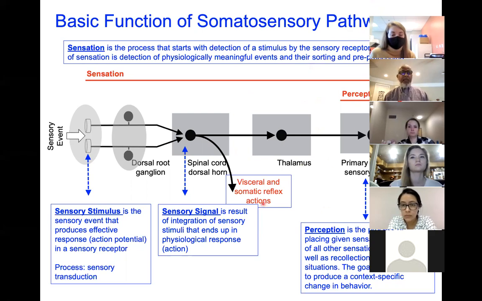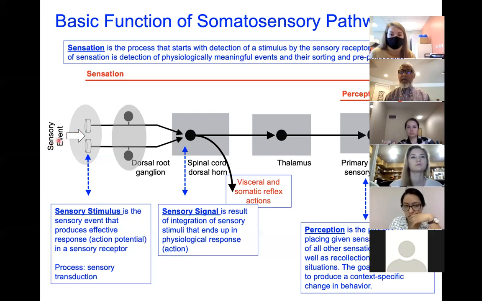So the signal that you applied here is the beginning of the sensation. There are two different concepts that you have to understand here. One we call sensation, and the other we call perception. Sensation is a process that begins at the start of the event.